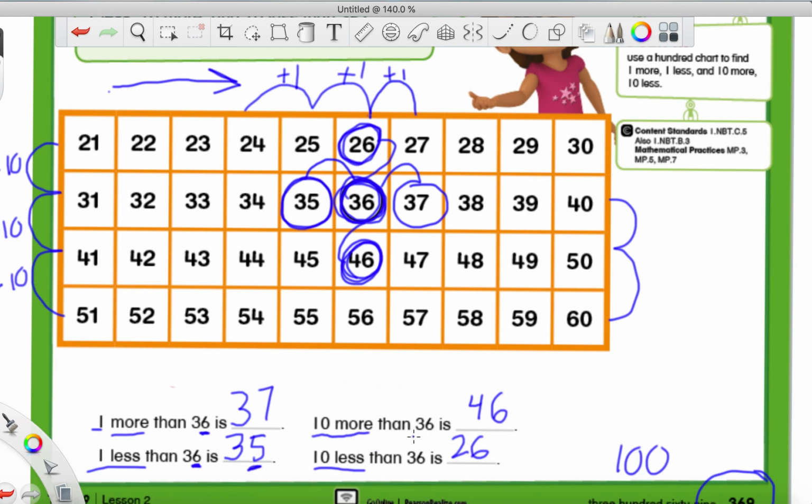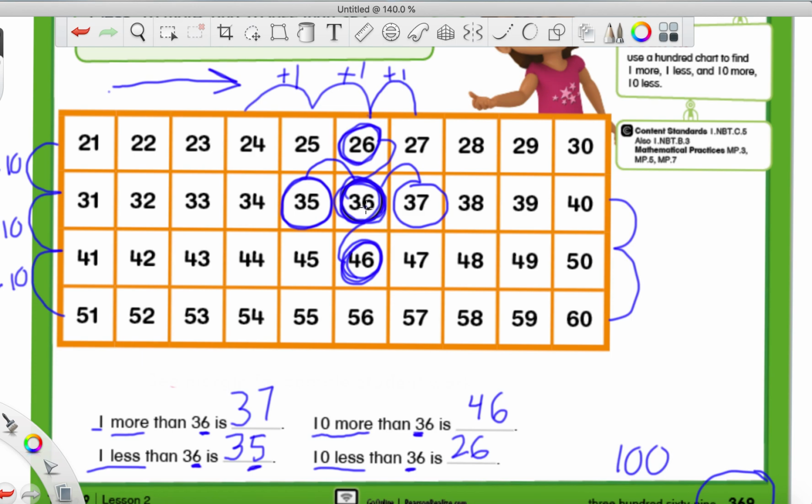And the same thing with 10 more, except we focus on that tens place, which is the 3. And 10 more than 3, or 1 more than 3 is 4, right? Because you're adding a 10. And 10 less, we're still looking at that 3. For 10 less, that means you're taking a whole 10 away from the 36. And you get 2, right? You have 2 tens left.